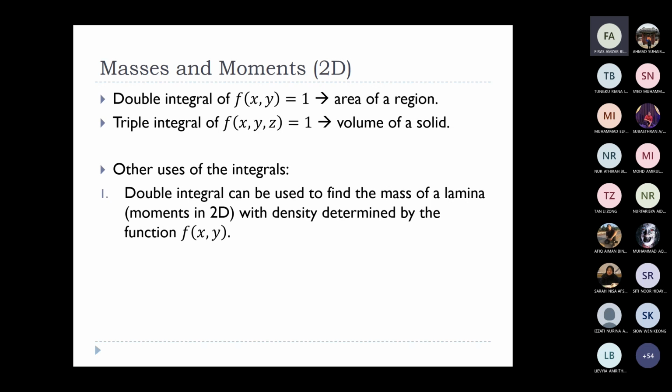So apart from this, we will also have other applications of multiple integral. Okay, so other uses of integral: double integral can be used to find the mass of a lamina, moments in 2 dimensions with the density determined by the function of x and y.